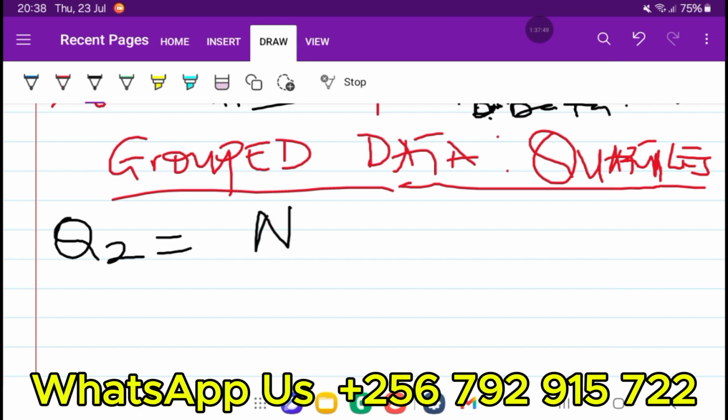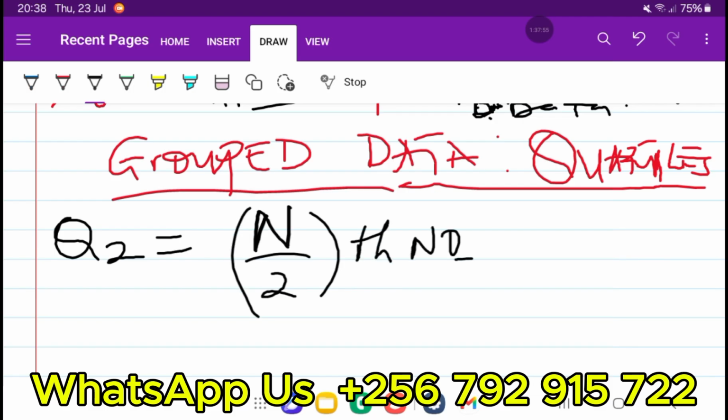We always get our quartile as n. Now we are using n over 2, the n over 2th number. So this n, where n is equal to summation f, that is the total frequency.